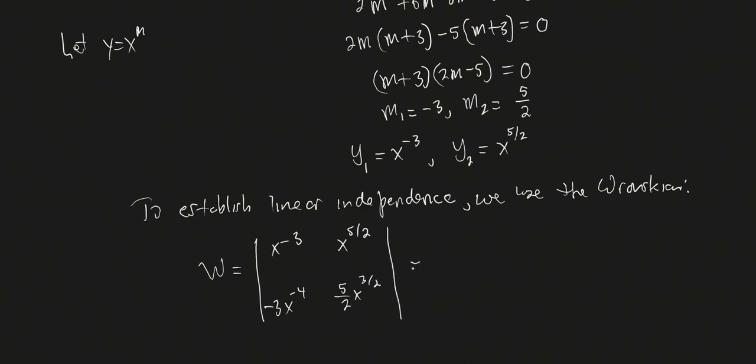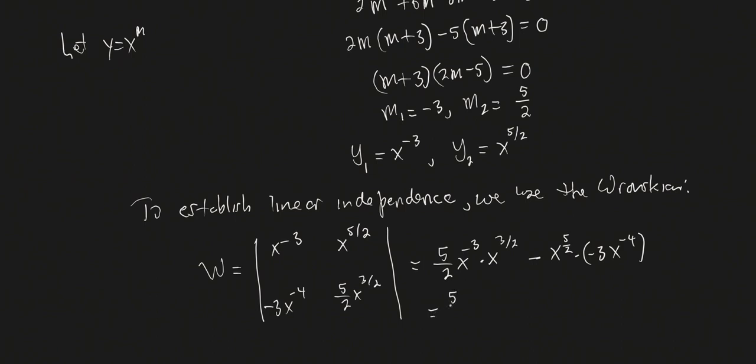Compute your determinant. Multiplying these, I will have 5 halves x to the negative 3 times x to the 3 halves, and then minus x to the 5 halves times negative 3 x to the negative 4.